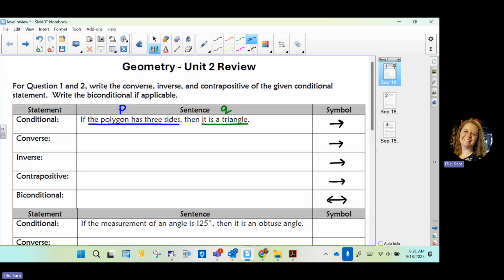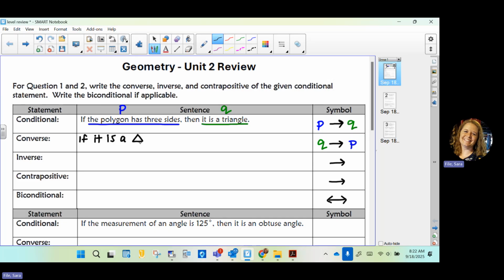Okay, so the conditional is if P, then Q. Remember, the converse switches the order. So it's if Q, then P. So when I go to write that over here, I'm going to say if it is a triangle. And you can abbreviate or do things like this.